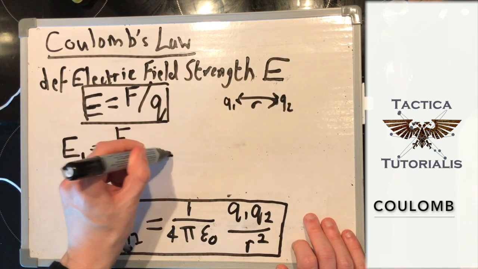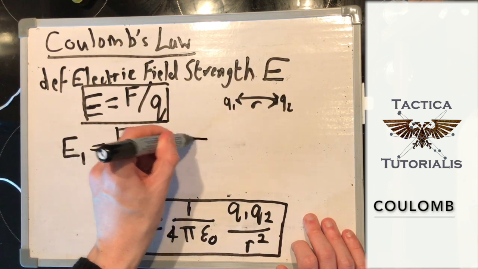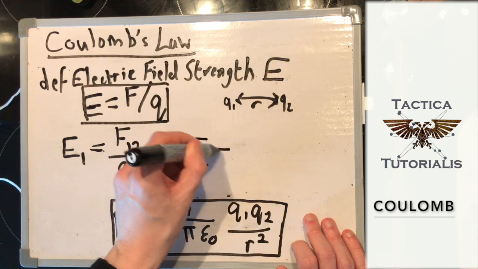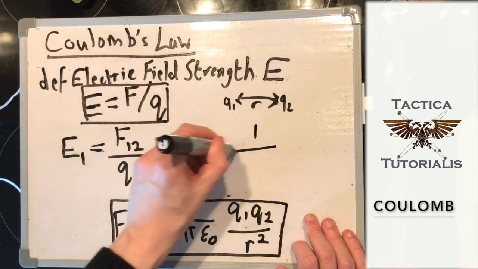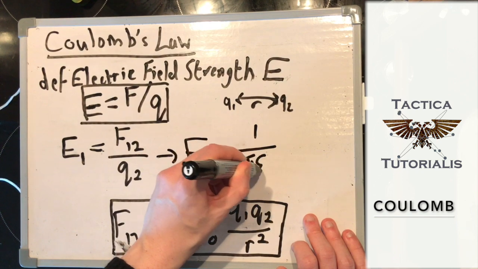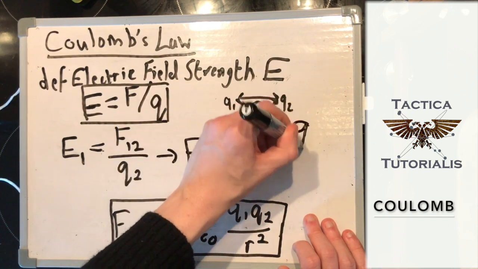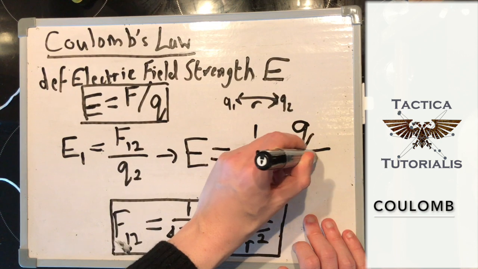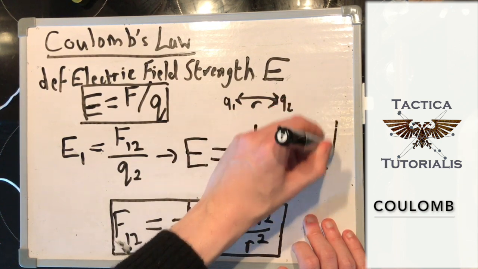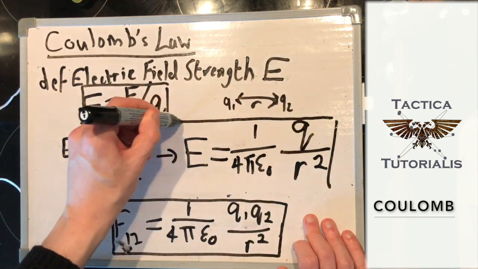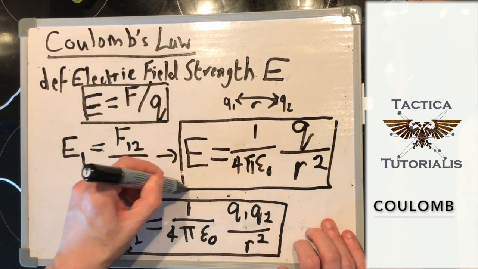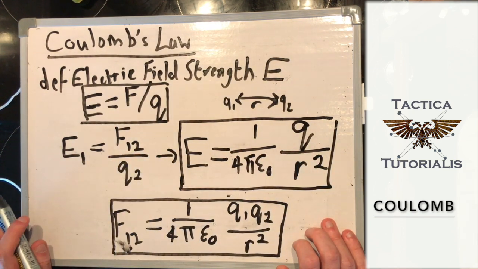And that leads to our general formula: the electric field strength is equal to 1 over 4 pi epsilon naught Q over r squared. I've generalized to just Q because it's true for whatever the charge creating the field is.